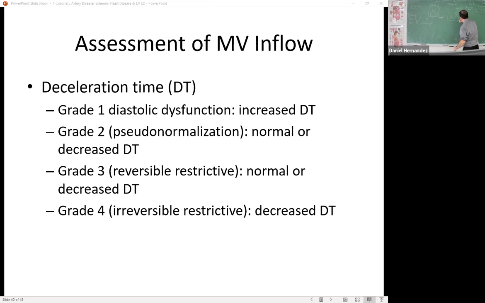I'm just going to kind of highlight this in just to signify that we're getting some more atrial reversal compared to the other patterns.